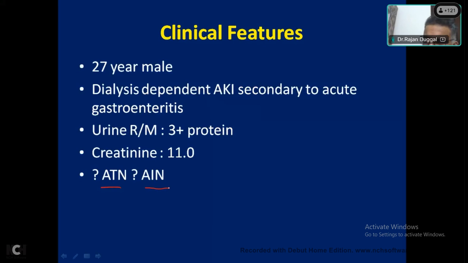It will be a spot urine sample, whatever little urine he is producing, and this is a very concentrated urine. Sometimes in a concentrated urine, you may get increased protein also. So many times the nephrologist will ignore this kind of 3 plus or 2 plus protein coming in a concentrated urine. That could be the reason he never thought that there could be some glomerular pathology in this case.